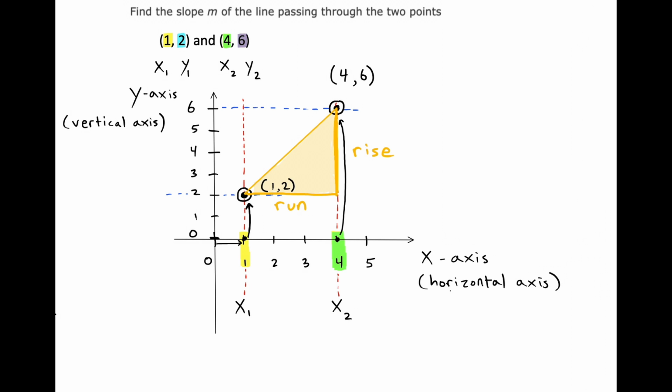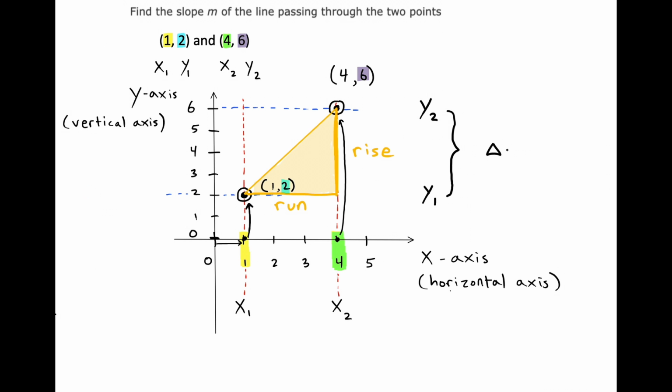My goal now is to calculate a number for the rise. You find the rise by subtracting y2 minus y1 in order to get the difference between them. Our y2 was 6 and our y1 was 2.